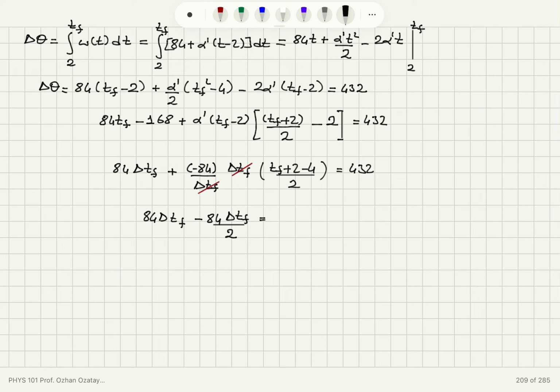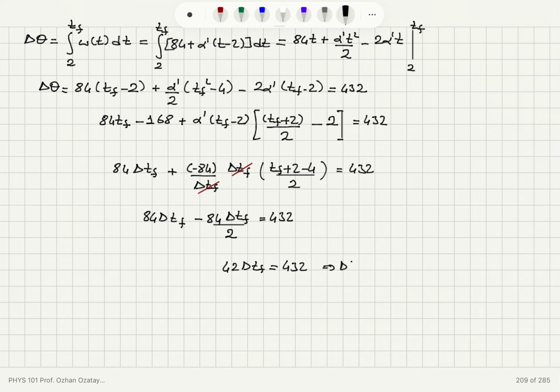This must be equal to 432 radians. So from this we can calculate delta t final. So this is going to give us 84 minus 84 over 2, 42. So we will have 42 delta t final is equal to 432.